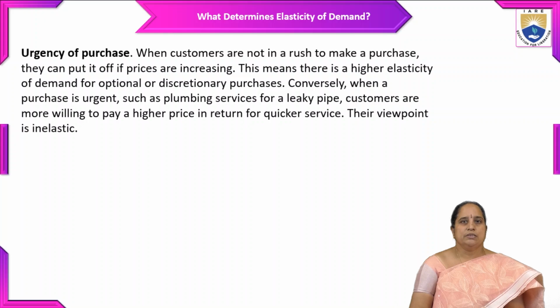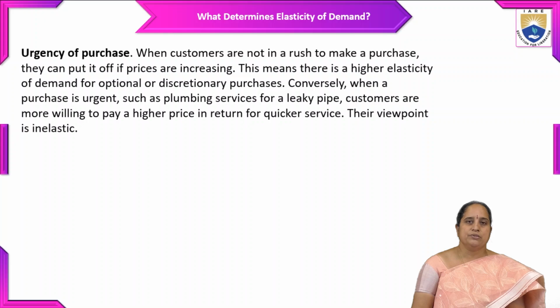Then the second one is urgency of purchase. When customers are not in a rush to make a purchase, they can put it off if prices are increasing. This means that there is a higher elasticity of demand for optional or discretionary purchases.